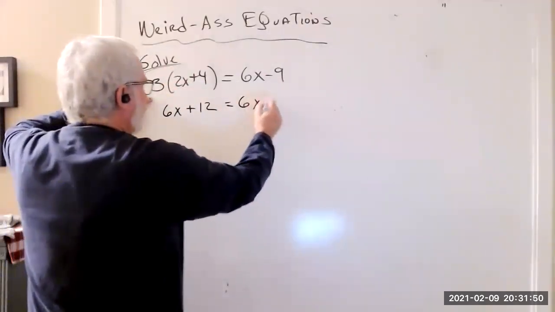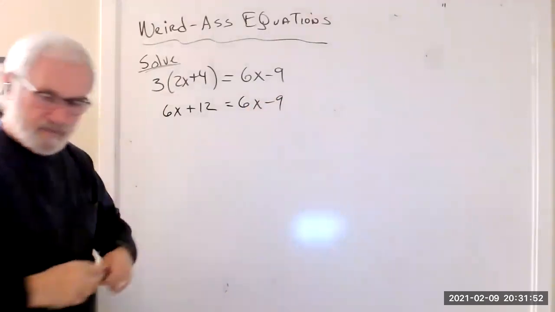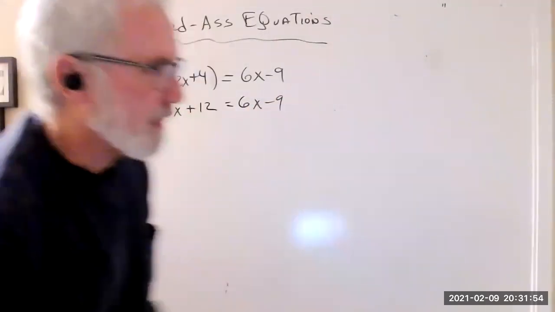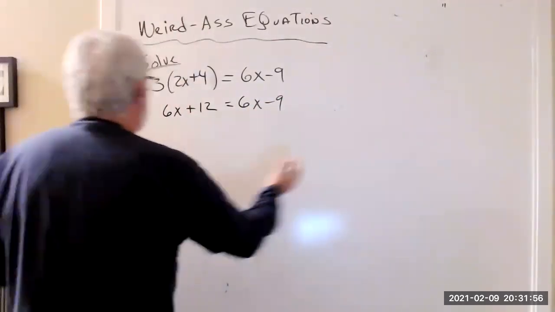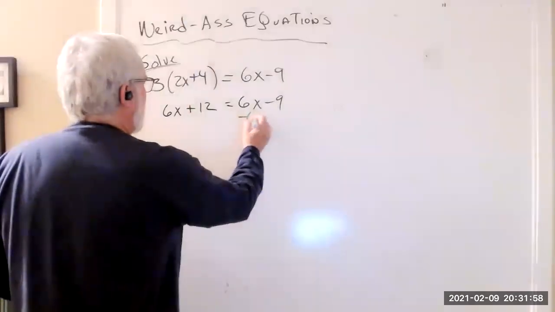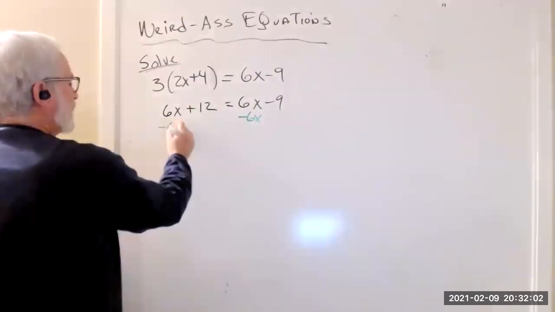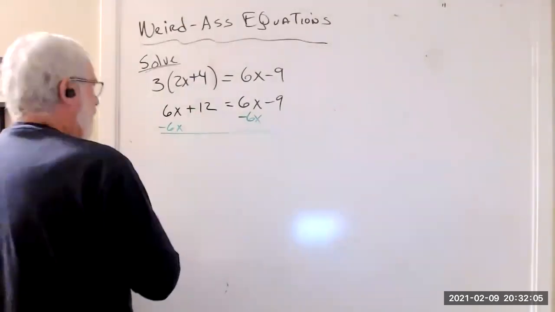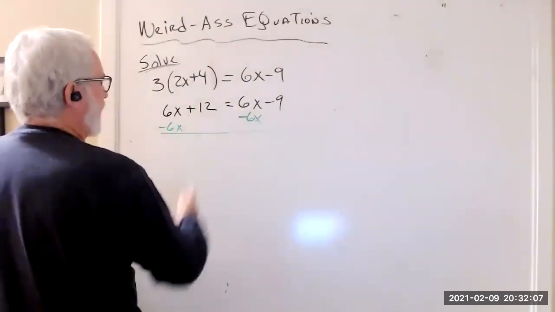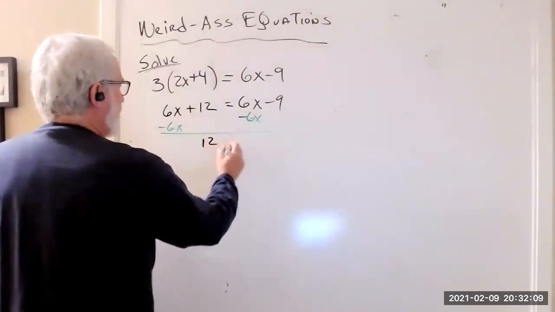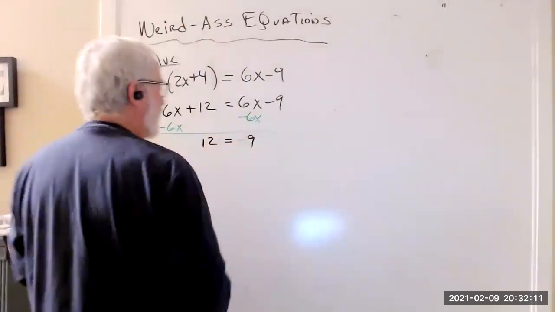Equals 6x minus 9. If I take 6x away from this side, I have to take 6x away from this side. All of a sudden, my x's drop out and I get 12 equals negative 9.